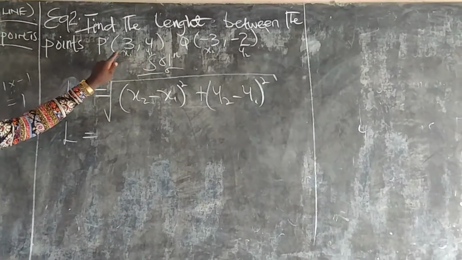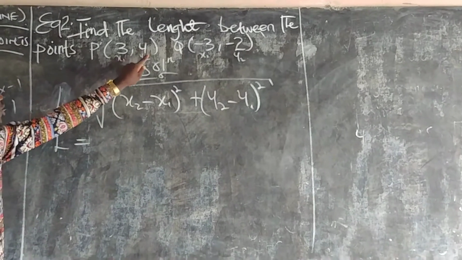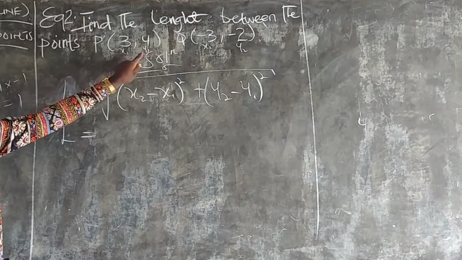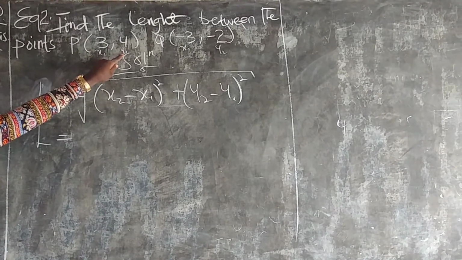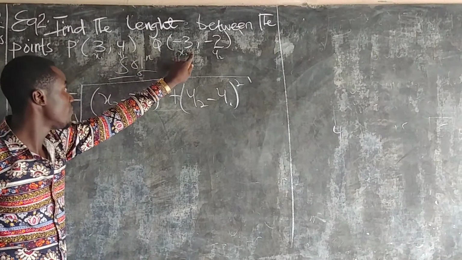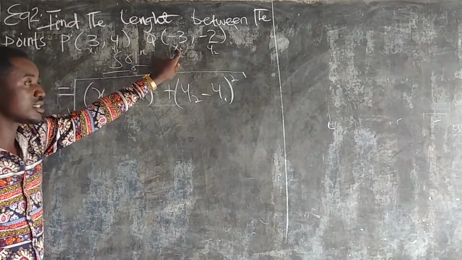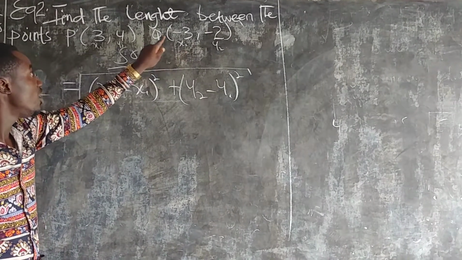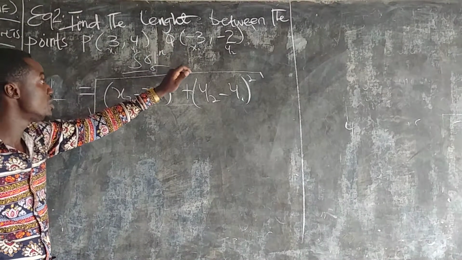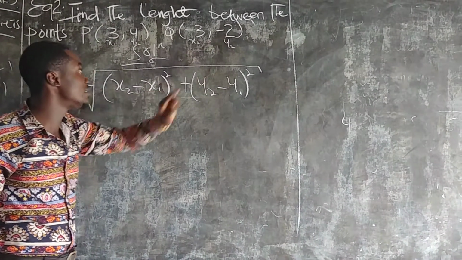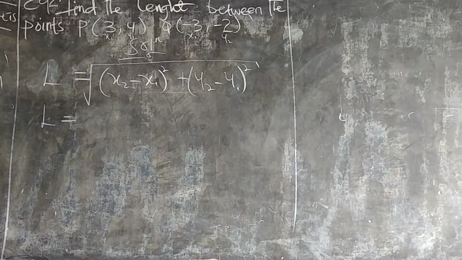3 is the x coordinate of point P, 4 the first y coordinate of point P. That is why we have indicated it as y1. Negative 3 is the second x coordinate, of point Q, on the same Cartesian plane, and you have negative 2 as the second y coordinate.